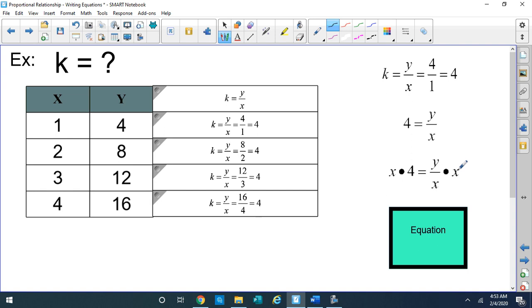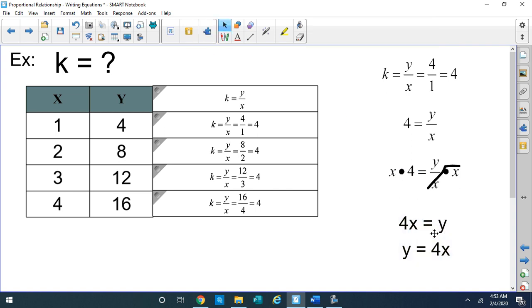So the x's will cancel out, leaving me with y equals 4 times x. So my equation is going to look like 4x equals y, or I can reverse it, y is equal to 4x. And there is my equation, y equals kx. So there's my k, which was 4, and remember it's being multiplied by the independent variable x.